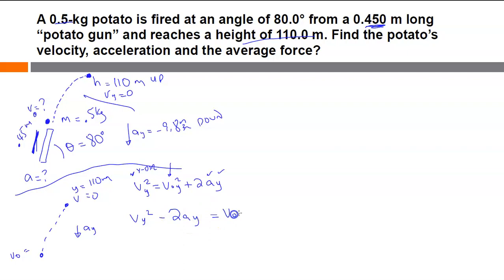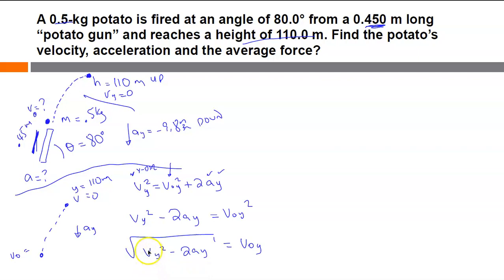That leaves me with V0y squared. And if I take the square root of both sides, then that will give me the speed that it pops out of the potato gun down there at the bottom.